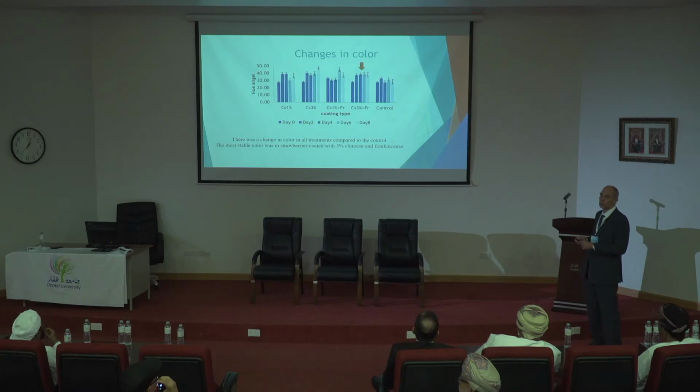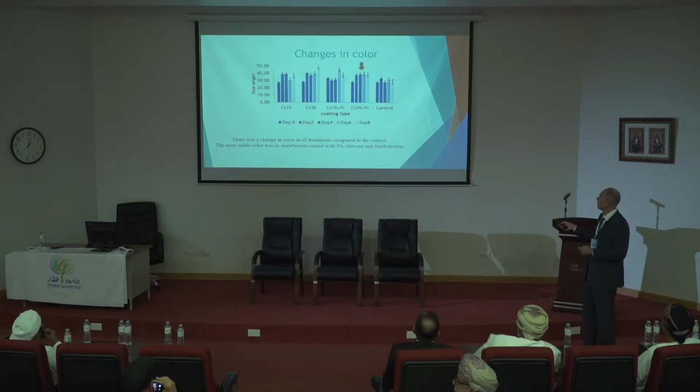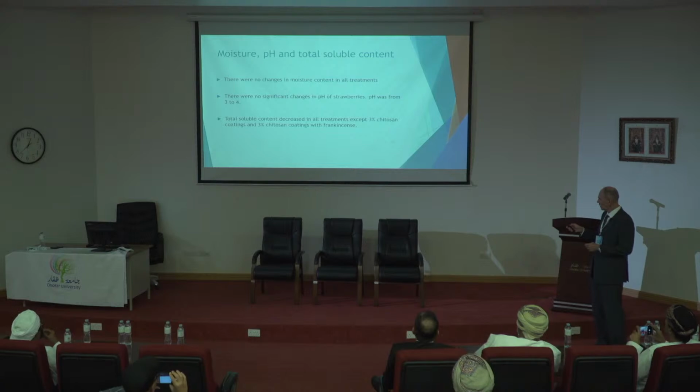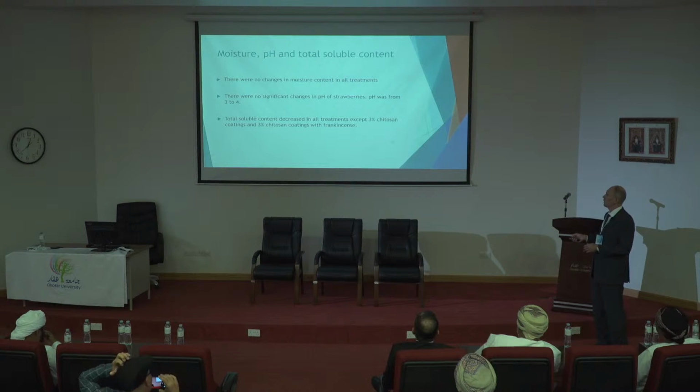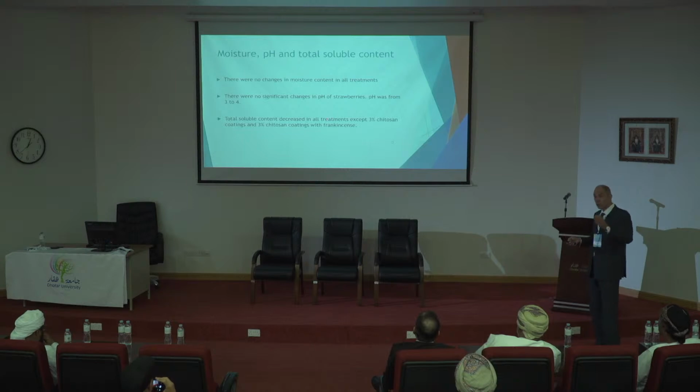But the best result was recorded for the 3% chitosan and frankincense coating, which had a rather stable color after 2 days of the experiment. In case of pH and total soluble content, there were no huge differences. In particular, soluble contents decreased in all treatments, except when we used 3% chitosan coatings and 3% chitosan coatings with the frankincense.